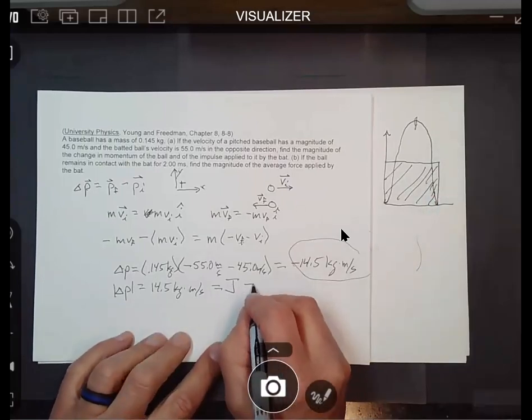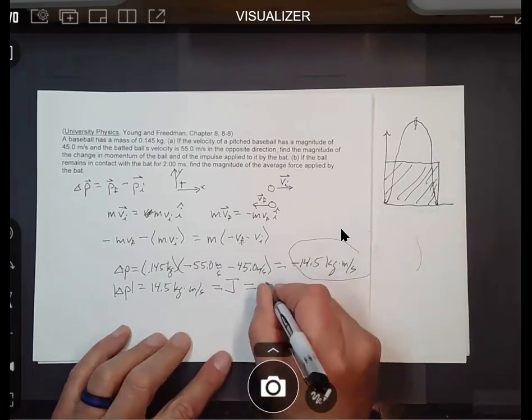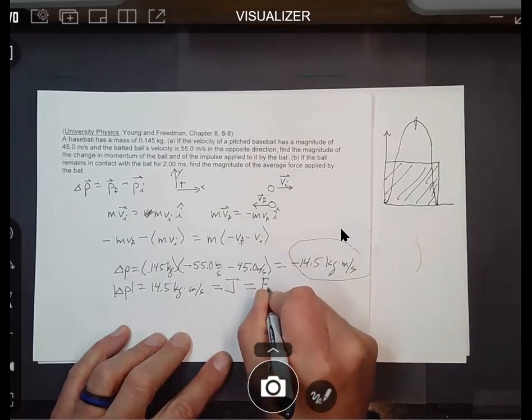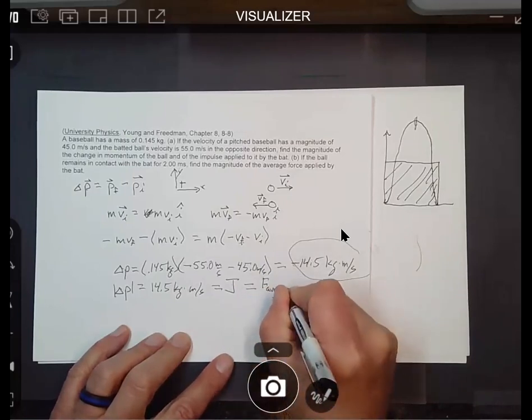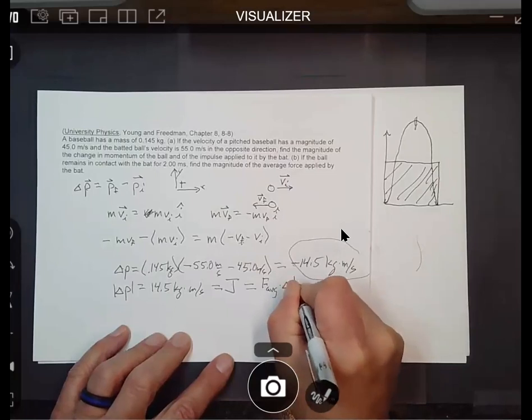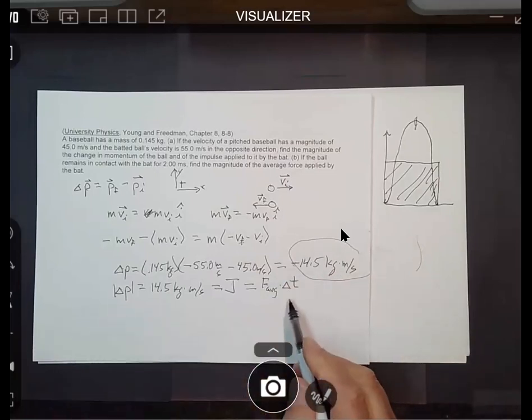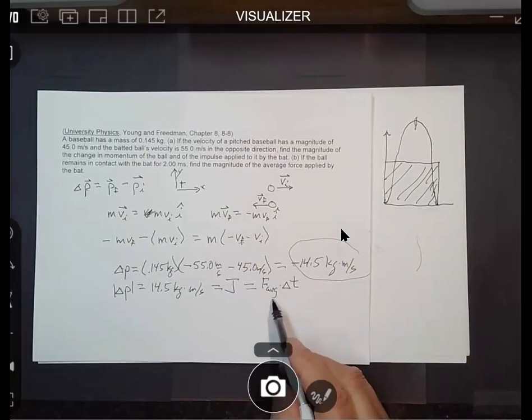And that impulse is equal to the average force times the time during which this collision between the bat and the baseball happened to occur.